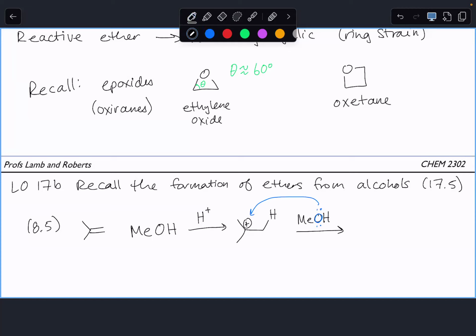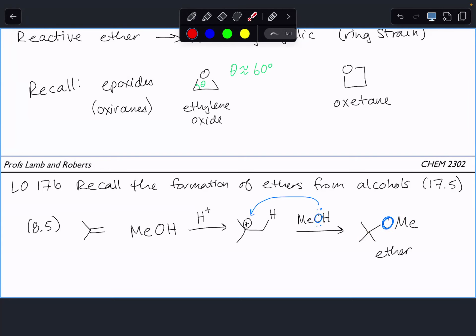And then there's a proton transfer at the end to give us our ether. So there's that oxygen there. Okay, so this is also an ether. Looks a little bit different. Doesn't matter that this is a tert butyl group. It's still an ether because this is still an alkyl group, carbon, oxygen, carbon. So it's still an ether motif.